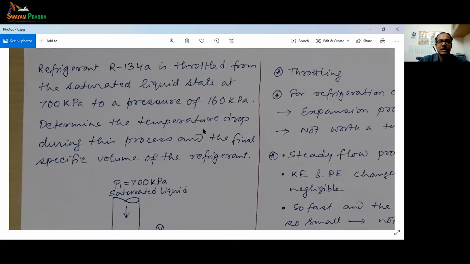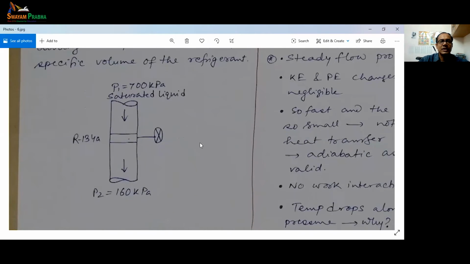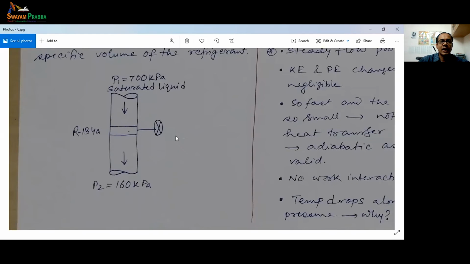Now determine the temperature drop. So again you can see the temperature drops in a throttling process, and you have to determine the temperature drop during this process and the final specific volume of the refrigerant. Okay, so you can see here the schematic diagram of the throttling process, which is nothing but a straight pipe through which the refrigerant is flowing, and you have a valve in between. The valve you can open or close.